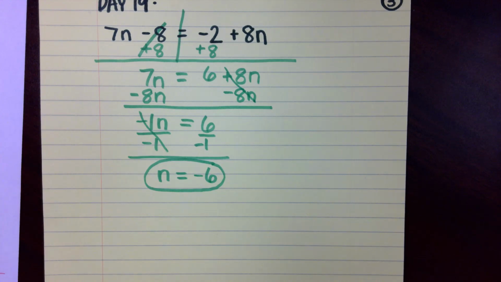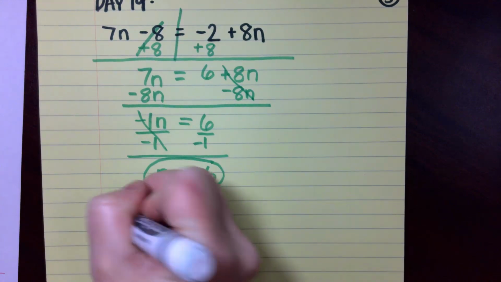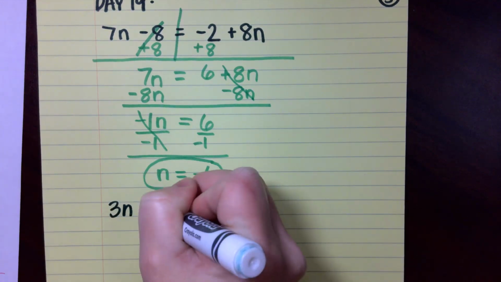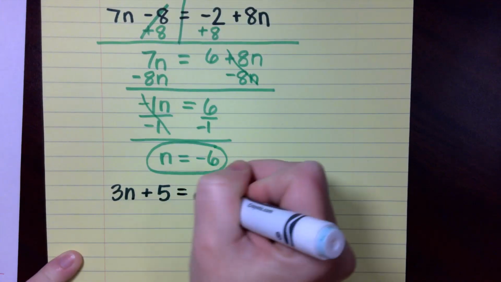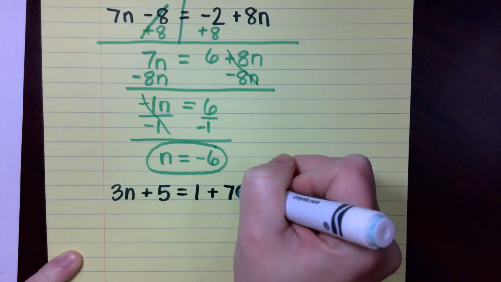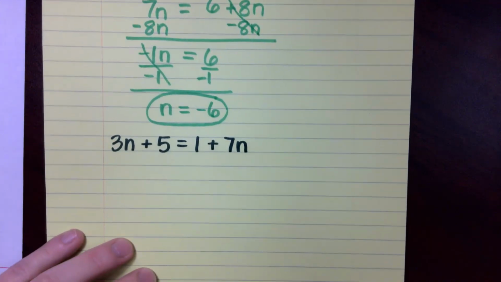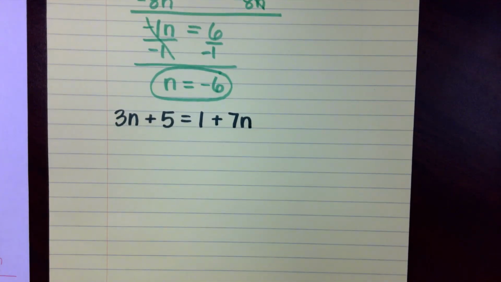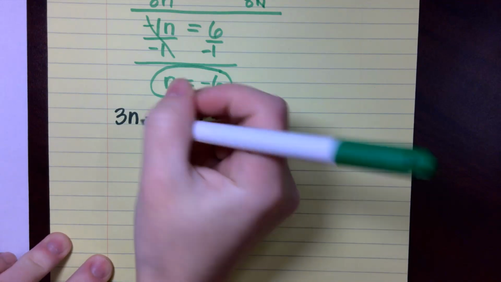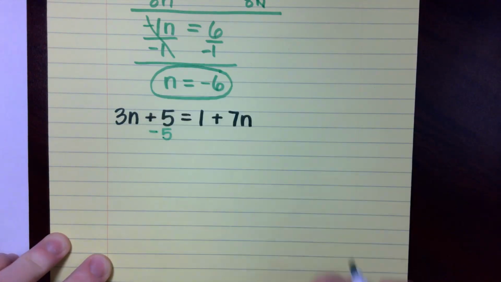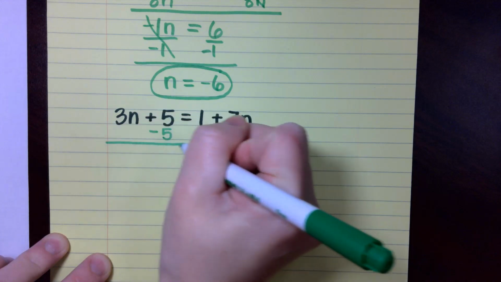Okay, let's do 3n plus 5 is equal to 1 plus 7n. All right, what do we want to do first? Subtract 5. Okay, sure, let's subtract 5. All right, let's get rid of 5. Minus 5. Where else am I subtracting 5?